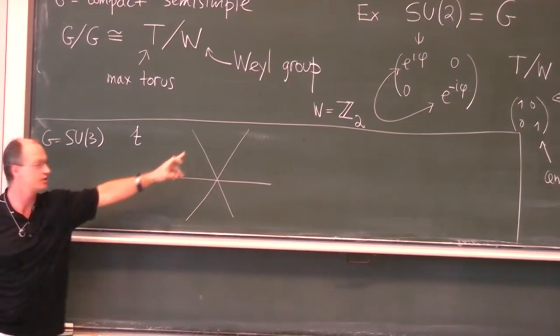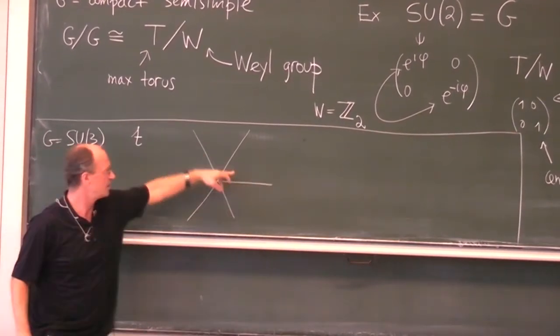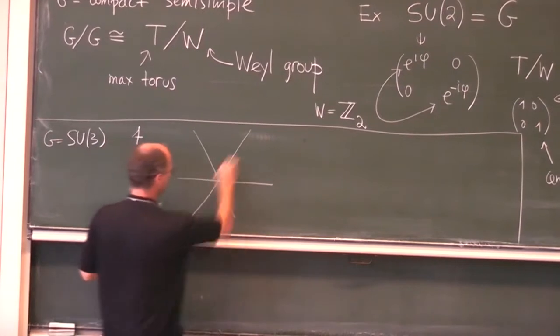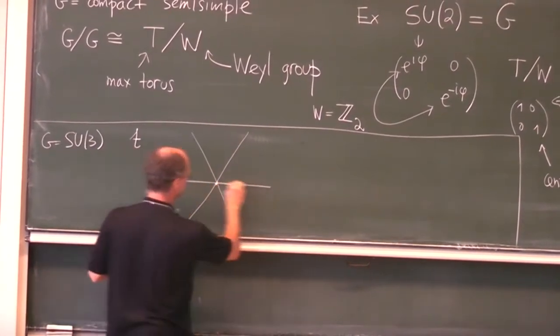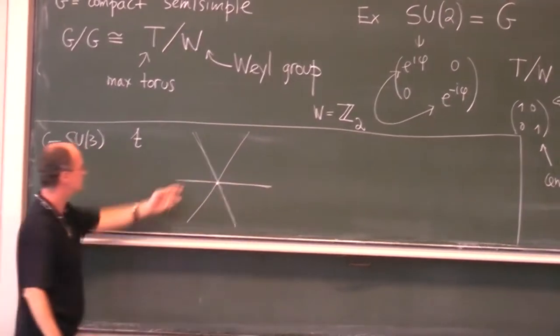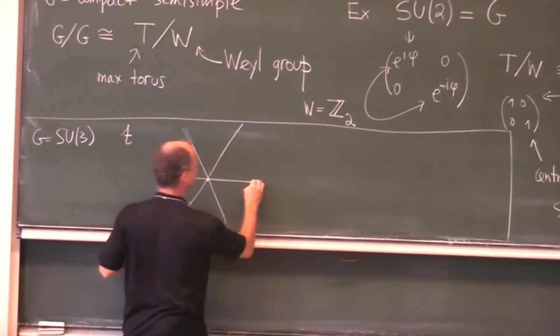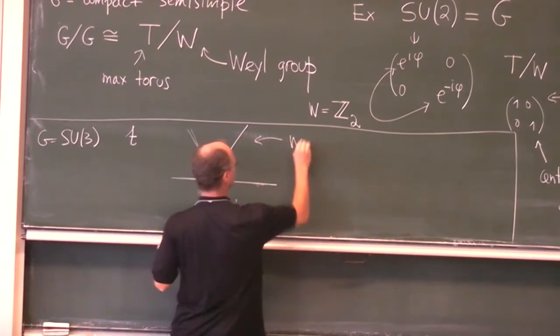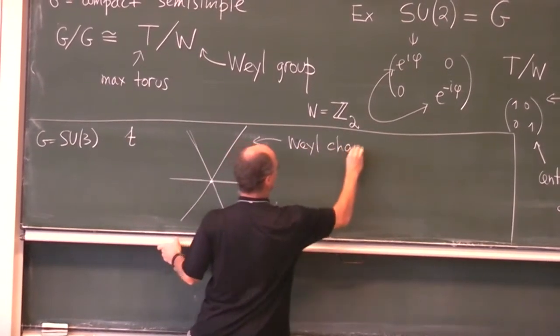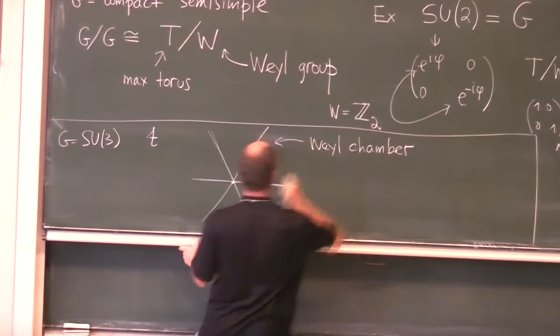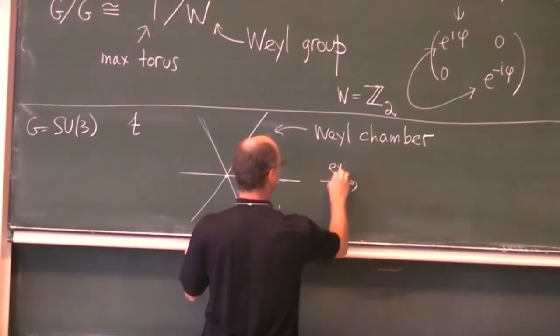This maximal torus is two-dimensional, so it's handy to introduce those lines. In particular, this will be the Weyl chamber.